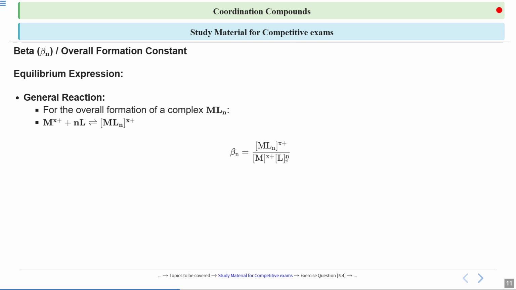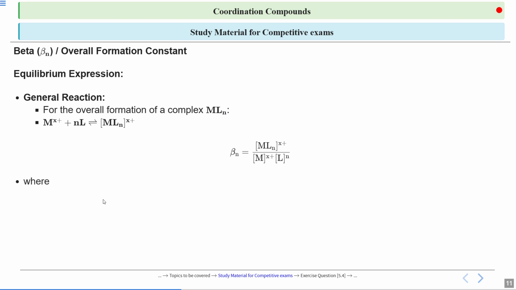So L to the power n, because n is the stoichiometric coefficient present here, so it goes in the power of the reactant in this relation between the overall formation constant and the concentrations of product and reactants. So this is the value of the overall formation constant that we have just derived by writing this overall formation reaction of this complex MLn.